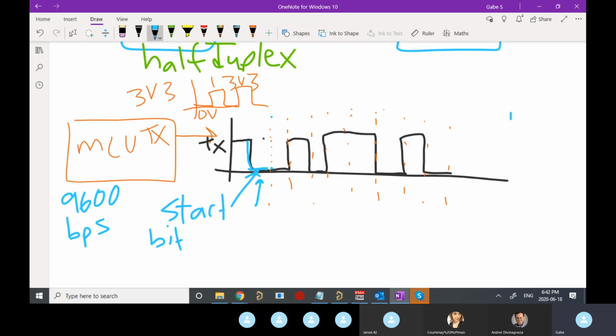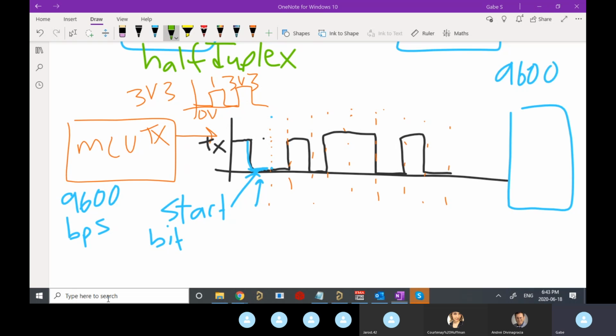And so the slave or the ADC or the PC, whoever's receiving this, needs to know, right? If it knows it's 9,600 bits per second, then it knows how long to expect one bit to last. And that's how it's going to decode it and split it up into different bits. So we start with the start bit. The next thing you need to agree upon is how many bits you are actually sending, right?